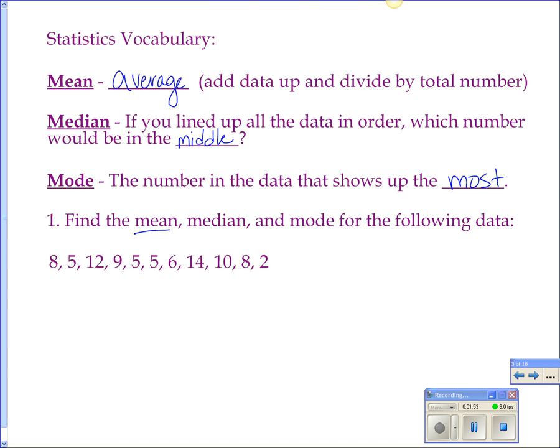All right, LeVar, what are we going to divide by? 1, 2, 3, 4, 5, 6, 7, 8, 9, 10, 11. Good. We're going to divide by 11.